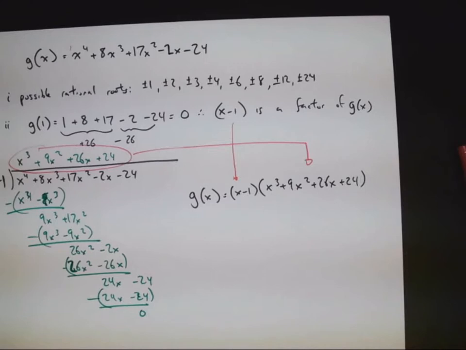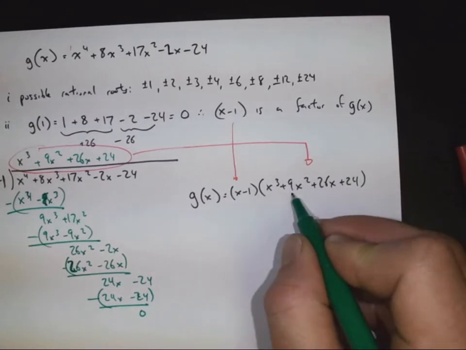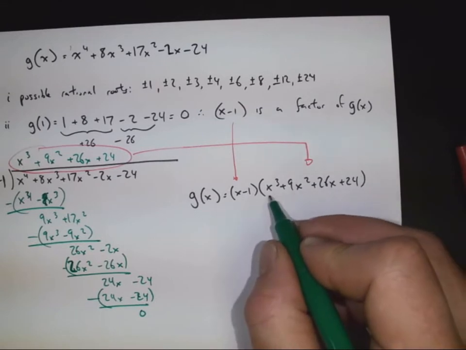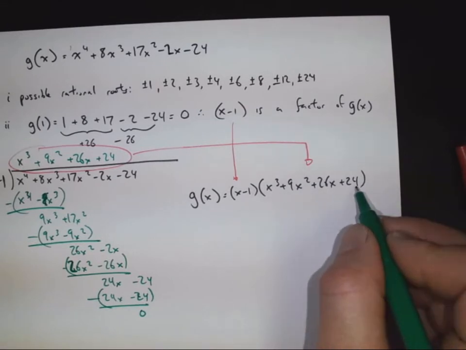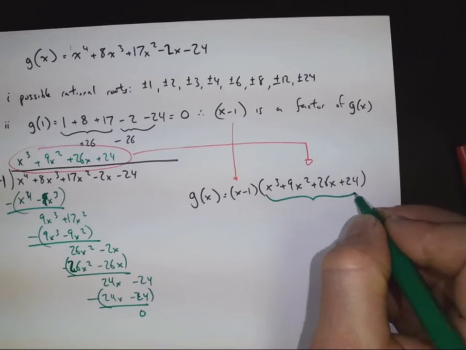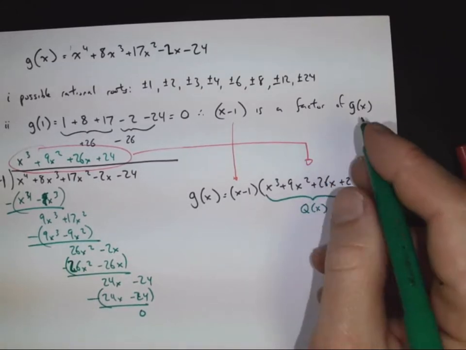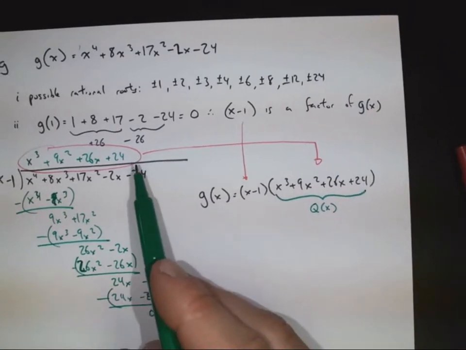Okay, so we have to continue factoring. I'm going to stop and check if I can factor this by grouping. It doesn't look like there are similarities between the coefficients here, any patterns or any symmetry. So I'm going to have to continue factoring. I'm going to call this q of x just to make it separate from g of x. I call it q because it was a quotient.